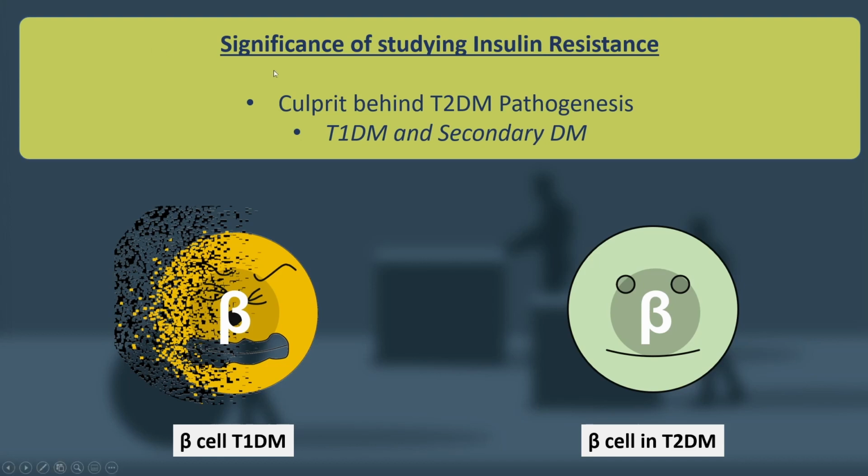Of course, you must be knowing that because there is absolute deficiency of insulin in type 1 diabetes mellitus, this person is dependent upon insulin. So this patient of type 1 diabetes mellitus, he or she must use insulin, subcutaneous insulin, to survive.